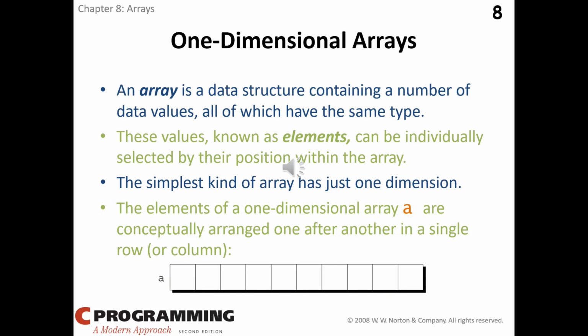Now what's cool about arrays is that you can pick out each item individually, just like choosing a specific box from our line of lunch boxes. You don't have to grab the whole line, you can just reach for the one you want. So when we talk about a one-dimensional array, we're basically talking about a single row or column of these boxes. It's like arranging all our lunch boxes side by side in a neat line. So each box has its own place, making it easy to find and use.